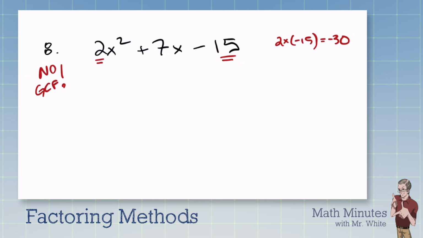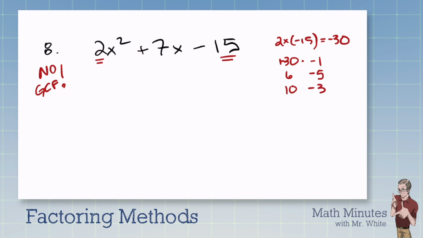And now we take the number negative 30 and we split it up in multiple different ways. So, for example, let's do positive 30 and negative 1, right? Those multiply to be negative 30. What other ways? Let's see. 6 and negative 5. What about 10 and negative 3.